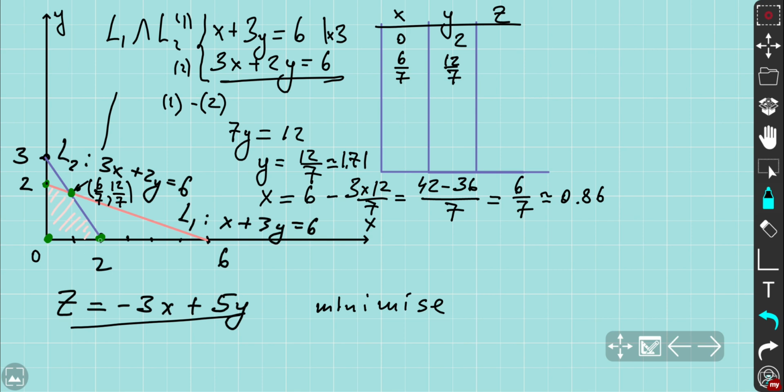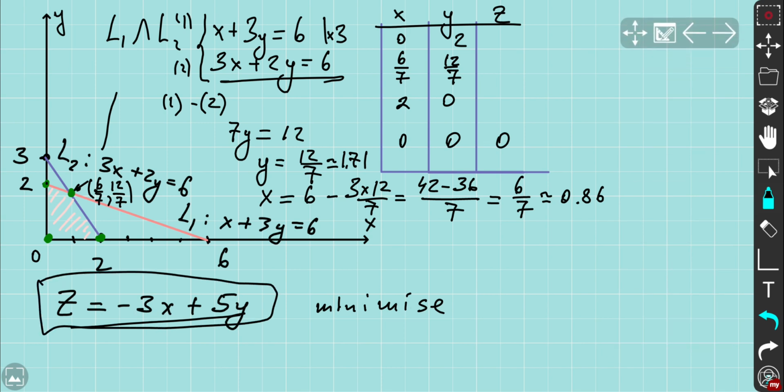The next one is 2 and 0, and the last one is 0, 0. So let's start from the bottom. If you plug 0, 0 into z, we'll get 0. If you plug 2 and 0, you'll get negative 6, because 5y is simply 0. All right, so right now that's the smallest value.